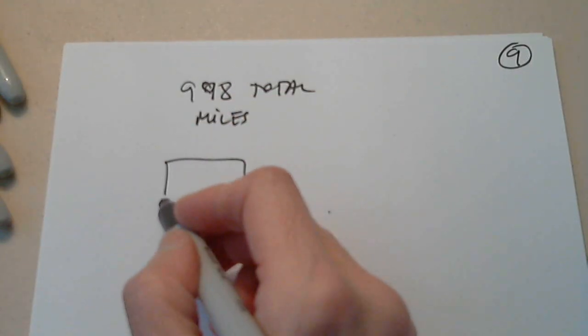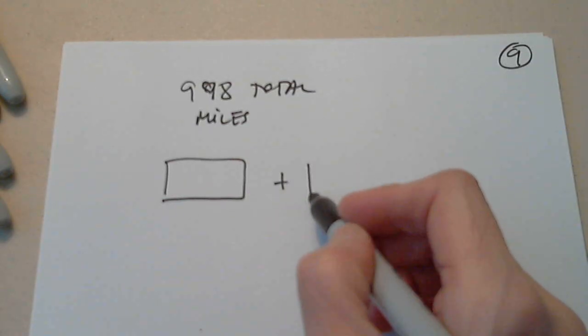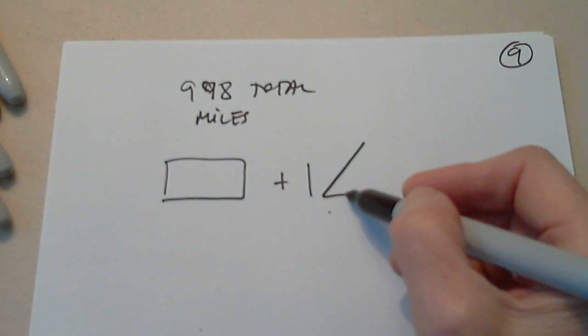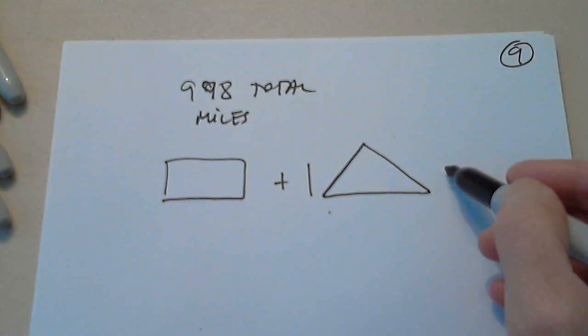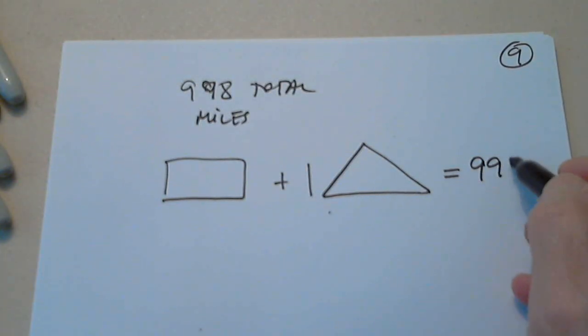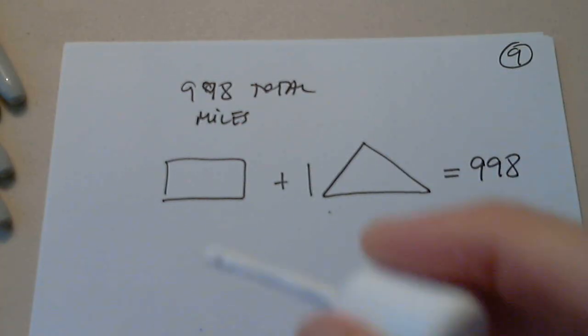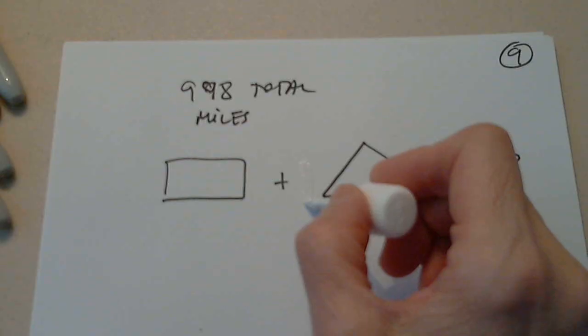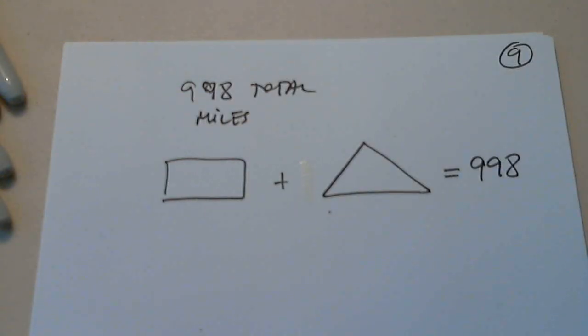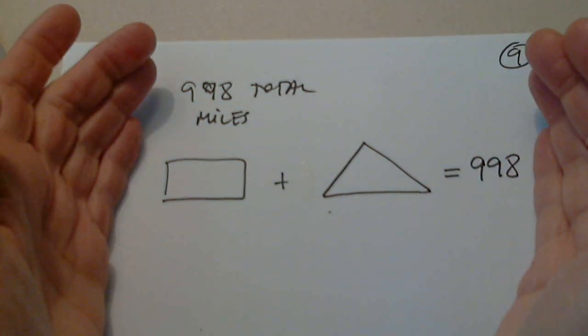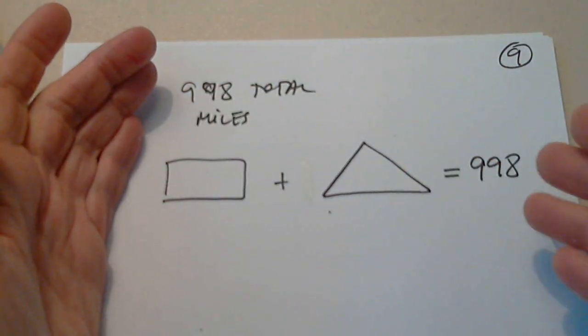This is what he drove on the first day, this is what he drove on the second day, and he arrived at his destination after 998 miles. Now let's see what we have to put inside the rectangle and what we have to put inside the triangle.